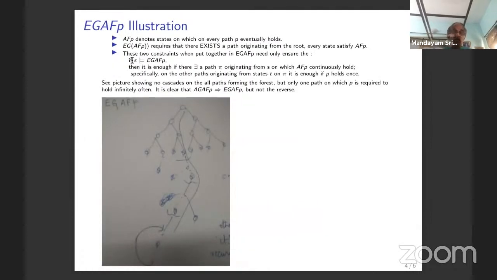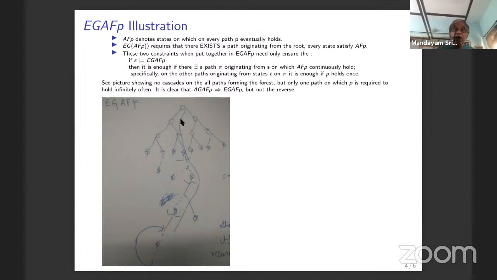Whereas EG of AF of P is all it requires is that it does not say there must be one path in which there is some looping back, and the cross state inside that loop will have to happen only on one path, not on all of them.